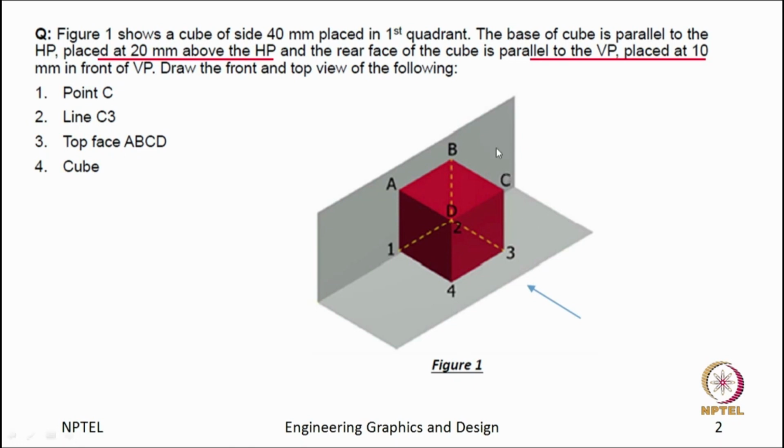The top view will be exactly below the front view, but there is one catch here. You are looking from the top and the line C3 is perpendicular to the horizontal plane. So, what will you see? You will see a point rather than a line, because both the point C and the 3 will coincide in a single point rather than having a whole line.